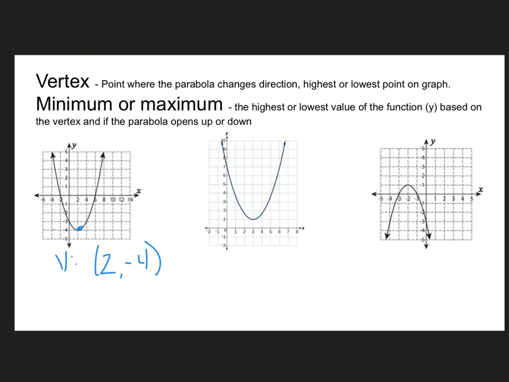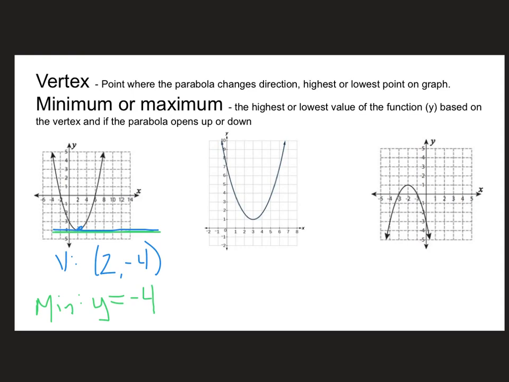This is also the lowest point on the graph, so this is the minimum. That means that this graph will always have a value that is greater than or equal to that point. So we would say the minimum is y equals -4. It's just going to be the value of y because we're looking at the function.